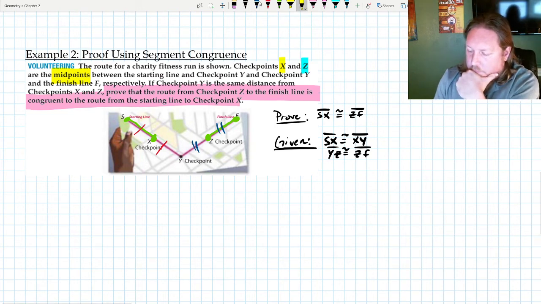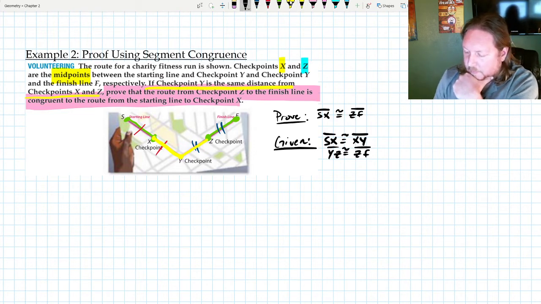Yes. If checkpoint Y is the same distance from checkpoints X and Z, so they're saying Y down here is the same distance from X and Z. So it's saying, I'll highlight in yellow here, that the two yellow segments are congruent to each other.